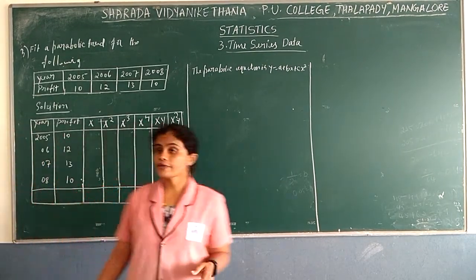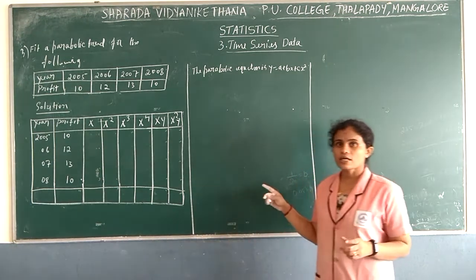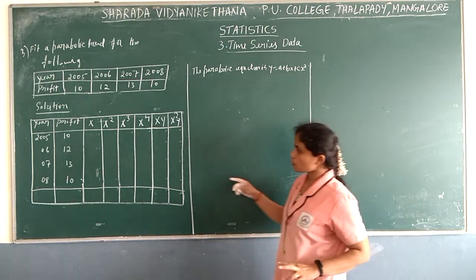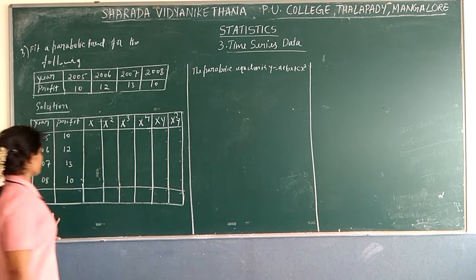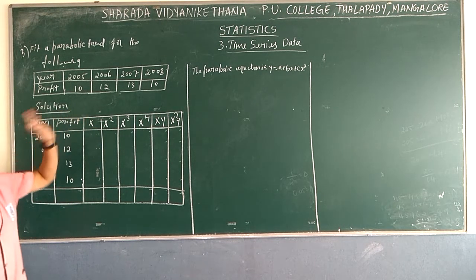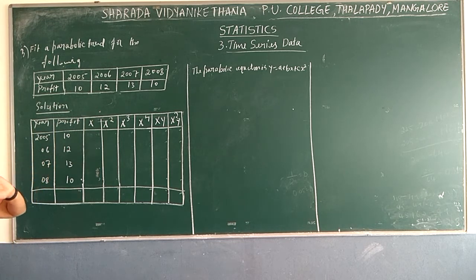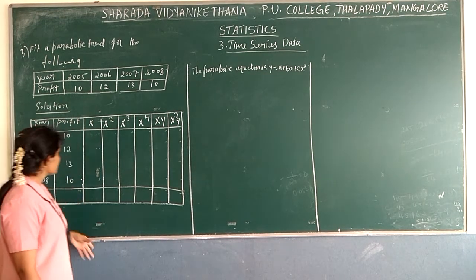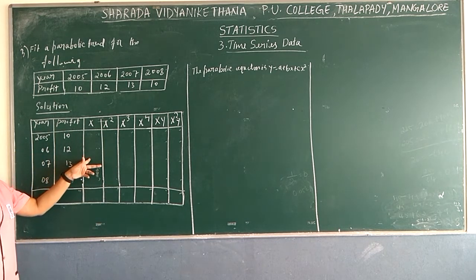Okay students, we will see one more problem, the last problem under the parabolic equation. A very small problem. Observe here, how many series are there? Four. When we do not get an odd number of series, we will not assign 0.